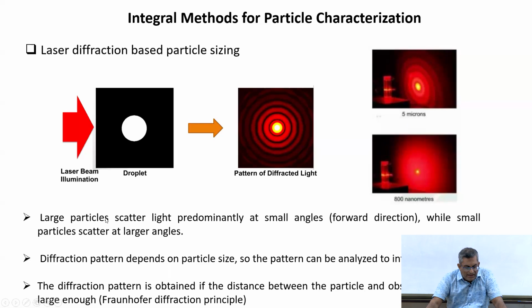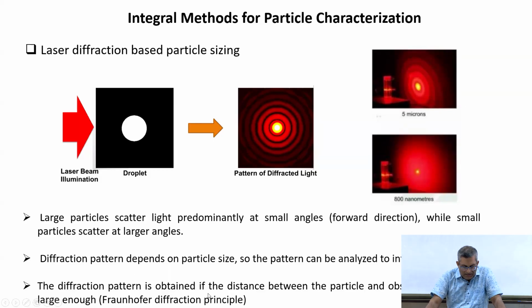Large particles scatter light predominantly at small angles. The larger the particle size, the smaller the angle, while small particles scatter light at larger angles. Now, the diffraction pattern depends on size. This is the reason why, if we analyze the patterns, we can get the information of size. So it is again an inverse method. You have the diffraction pattern and you measure the size, and that is what this kind of technique does.